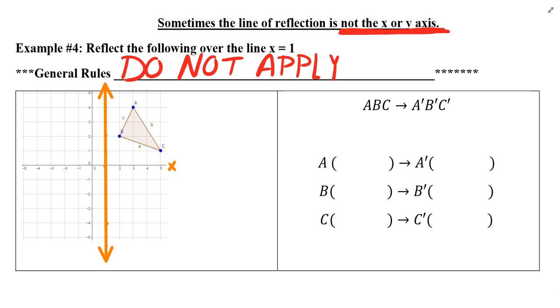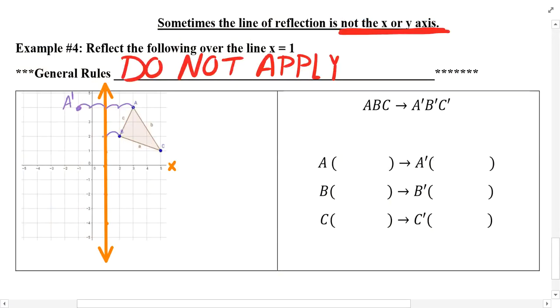Okay, so if I want to reflect figure ABC across the line x equals 1, I'm going to follow the same pattern that I did in my first couple of examples. A is 2 units to the right of the line x equals 1. So the image of A is going to be 2 units to the left. So this would be the image of A. B is 1 unit to the right of line x equals 1.